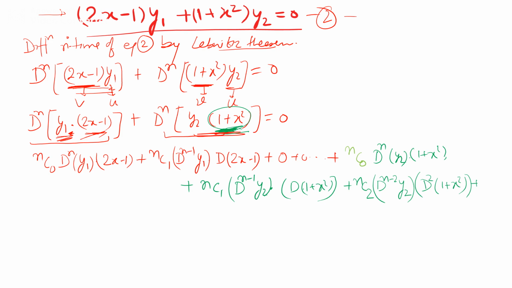The remaining terms become 0 because they involve the third derivative of 1 plus x square.